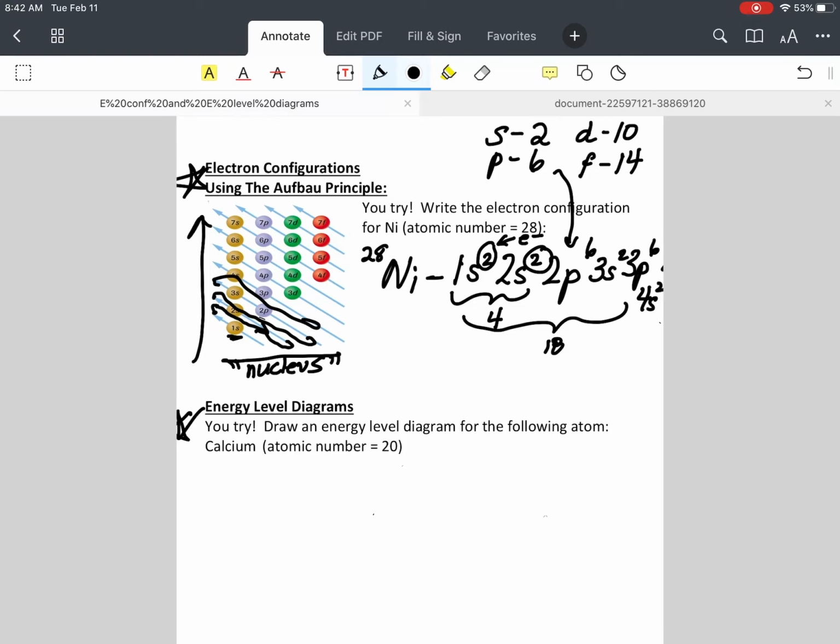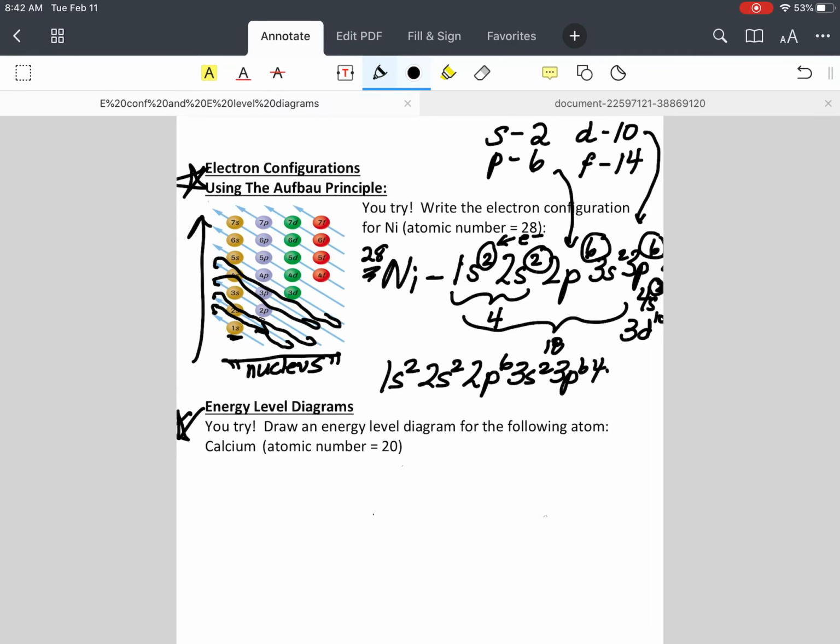So we've got 2, 4, 10, 16, 18. We still need 28. After 4s, we go to 3d10, because again, d holds 10. Okay, so let me just write that out a little bit neater. Okay, so the superscripts are the number of electrons, which for nickel need to add up to 28, and they do.